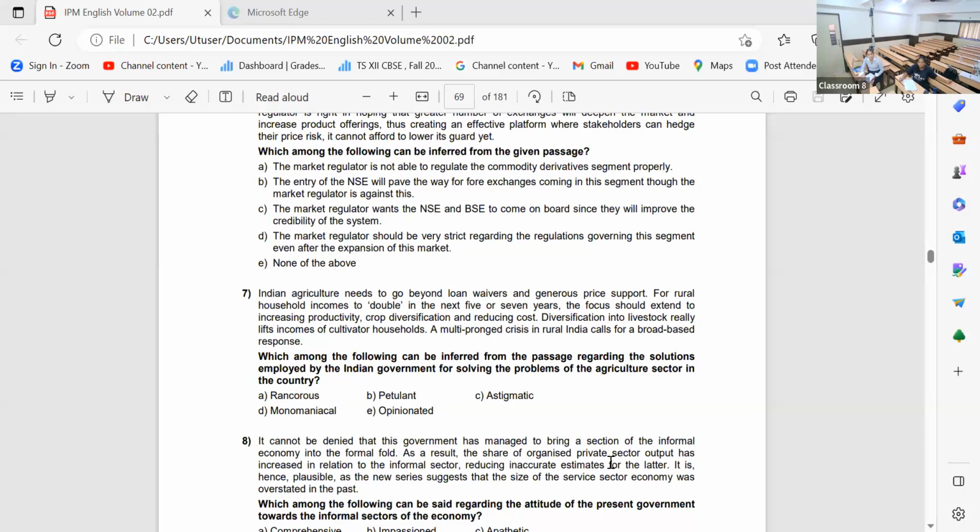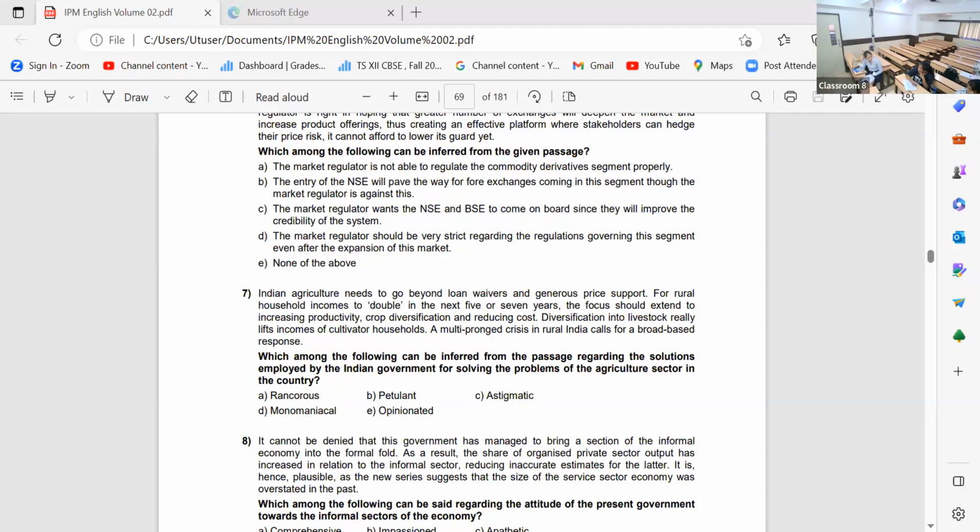Satvika says D. Aditya, what's your answer? C. Why C? Ma'am, astigmatism means you are not able to see clearly. You have a defect of vision. As I said, first you should know the meanings exactly.